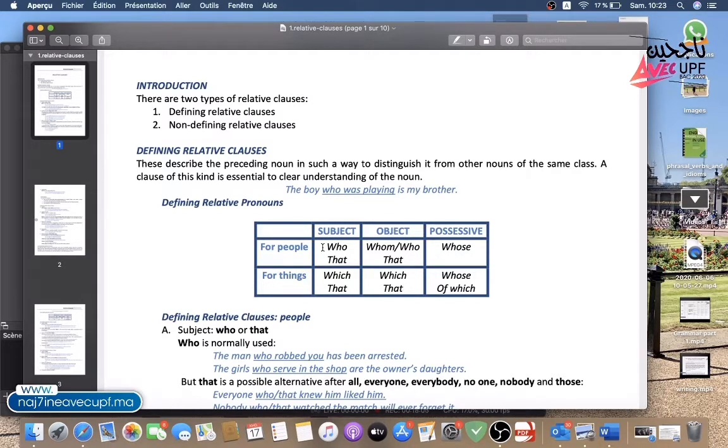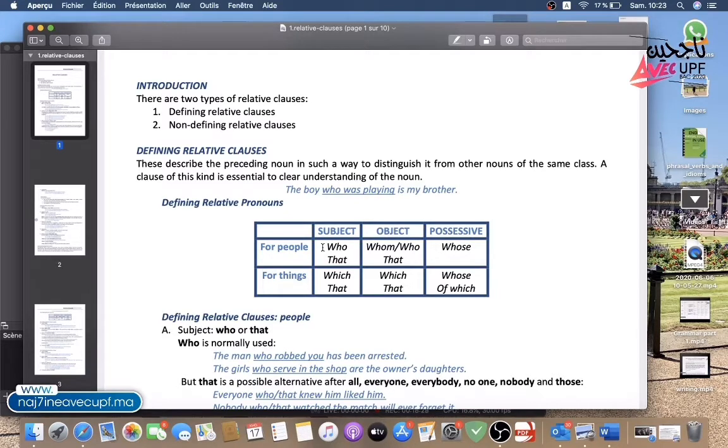Alors, for things, for objects, we use which or that. We don't use who or that for things, and with a person we don't use which or that, so don't mix them up. For people objects and for things objects, which and that, same. For possessive we can use whose or of which.